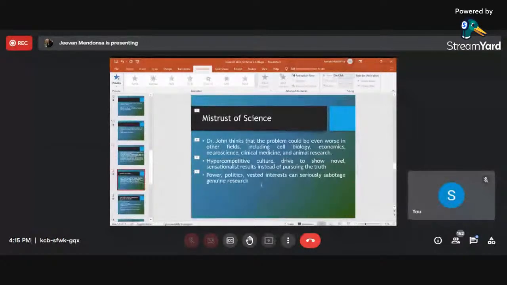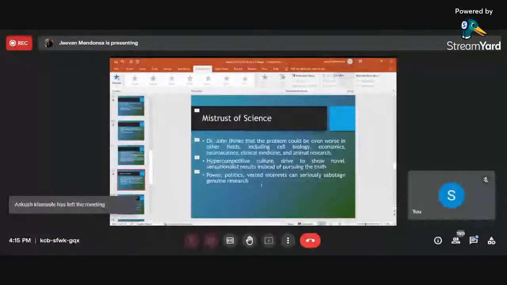And of course, there is a lot of power, interest, politics, vested interest. All this, my dear friends, can also seriously sabotage genuine research. And being in research, we need to be aware that this happens, not just assume that everything is hunky-dory in research.